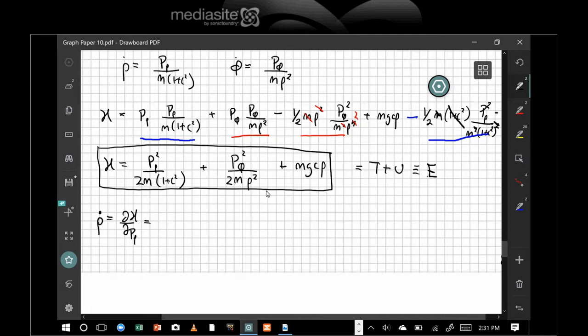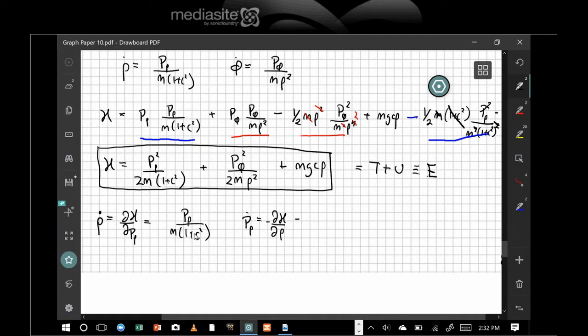There's only one P sub rho, okay, and that's going to give me P sub rho over m times 1 plus c squared. Okay, so that's one equation there. Then the second equation is we're going to look at P sub rho dot equals minus partial H with respect to rho.